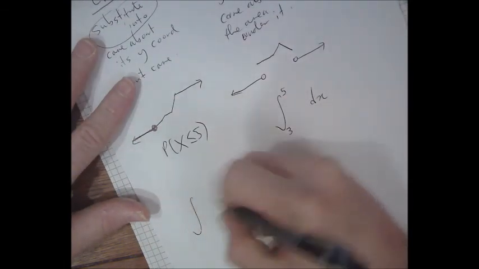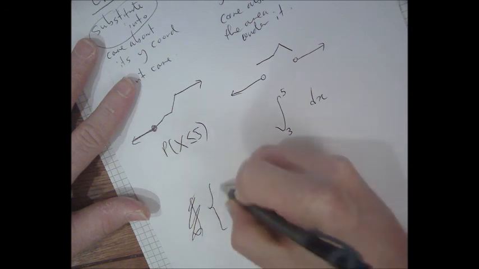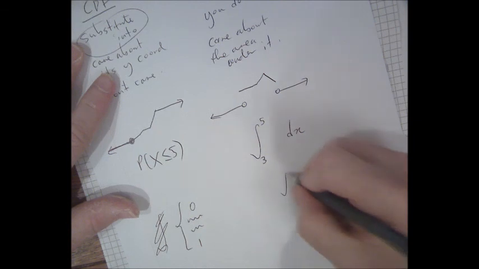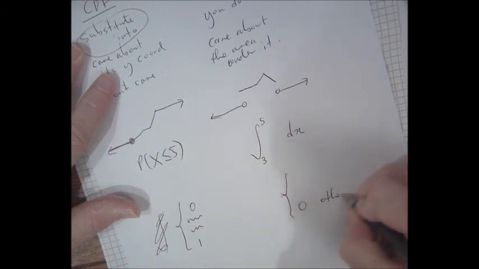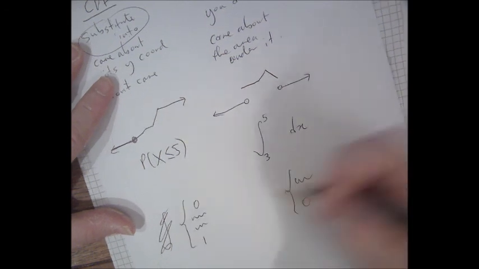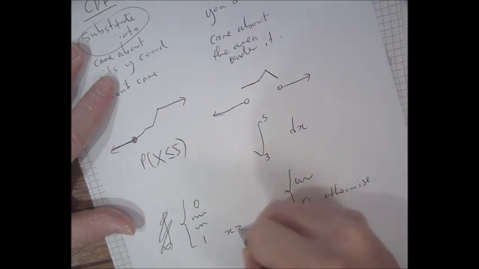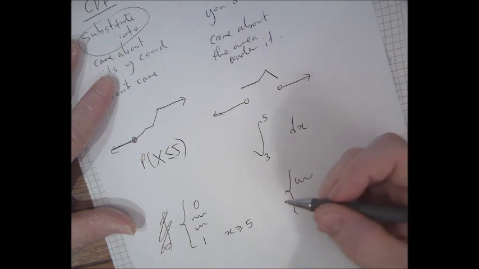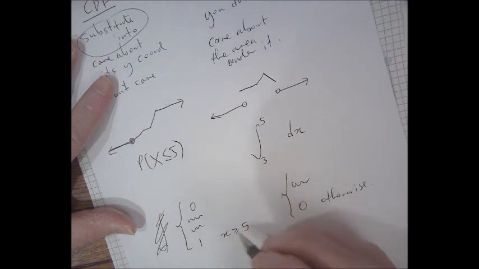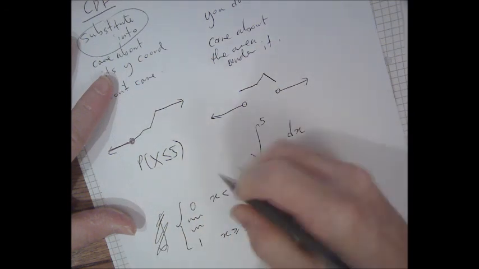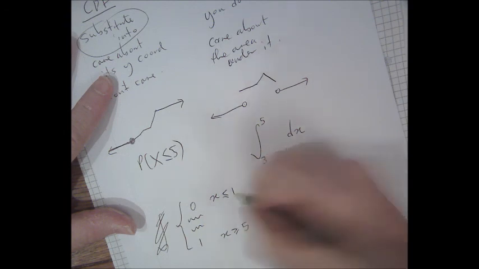Finally, the look of a CDF is this, whereas the look of a PDF is this. Of course, you have to say when the algebra applies. These little squiggles are for the algebra. So in a CDF, you want the number 1 to apply after a certain kick-out point. You want the 0 to apply before a certain kick-in point.